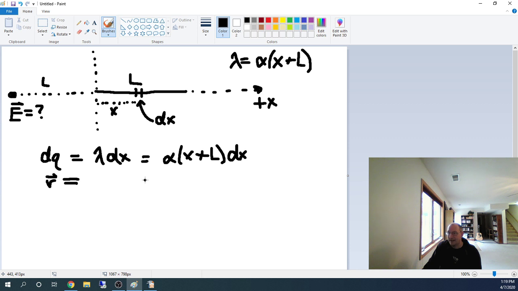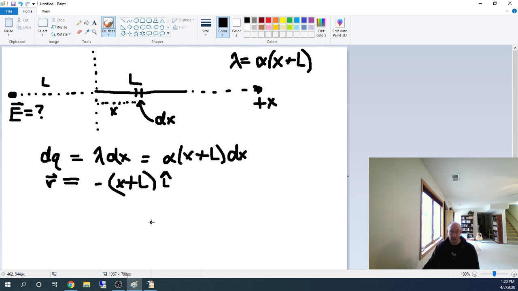Well, I look at that and it has a magnitude of whatever x is, plus this extra length. If I'm at x equals 0, it would be just L. But if it was further over, at position x, it'd be x plus L. So it looks like it's x plus L. And to me, that looks like it points in the negative i hat direction.